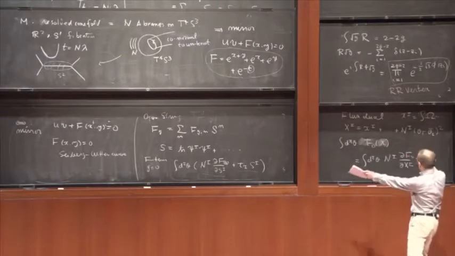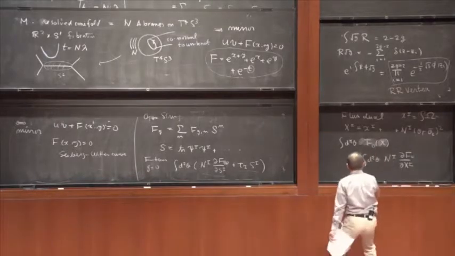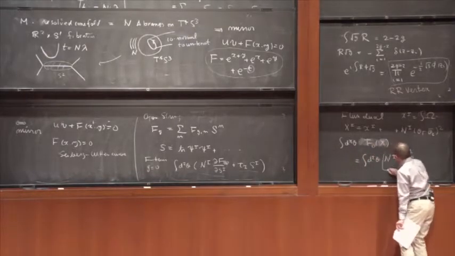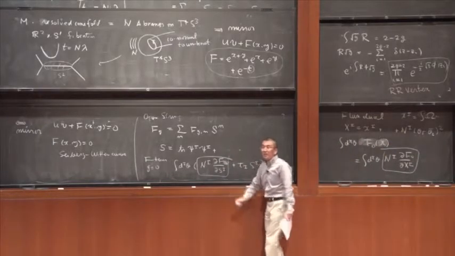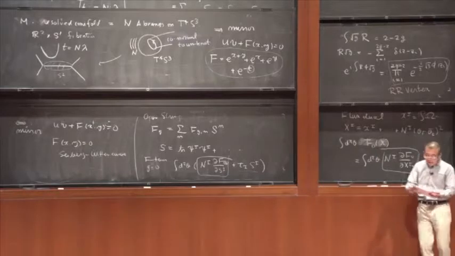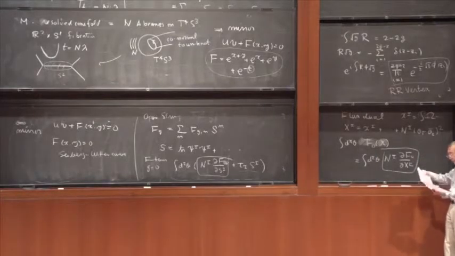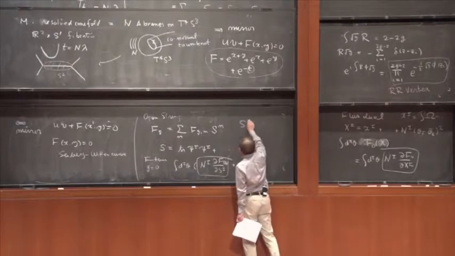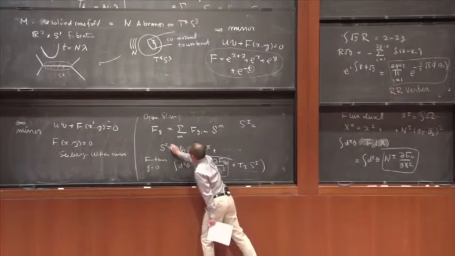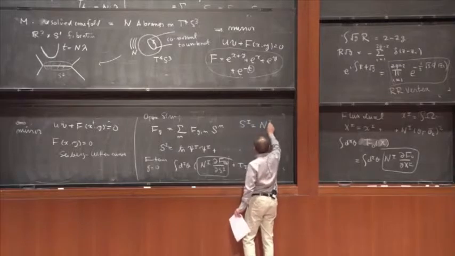So if you compare both hand sides, you recognize that this contribution to the flux is taking a form which is very similar to a term like that, provided that you make the identification that this S_i is equal to N_i.